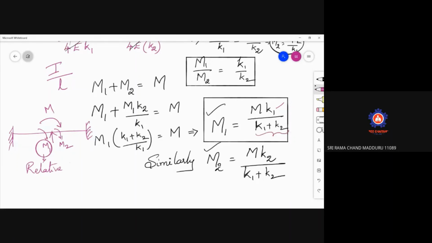So you can simply write this as M into K1 by sigma K, where sigma K is the summation of the relative stiffness at the particular joint. Don't get confused; you will understand this concept when we solve the problem.